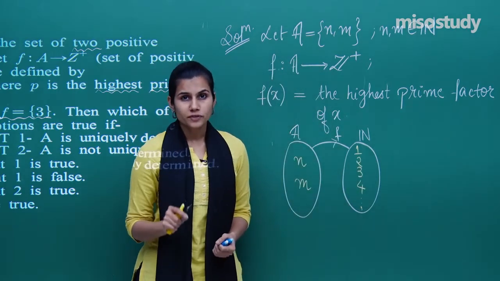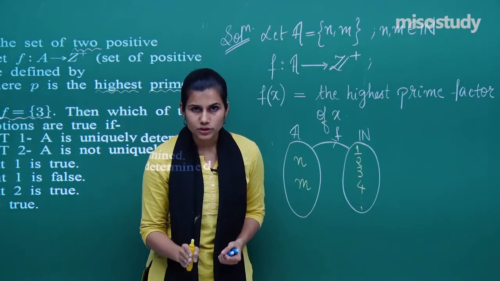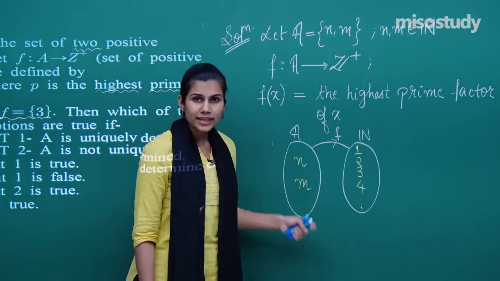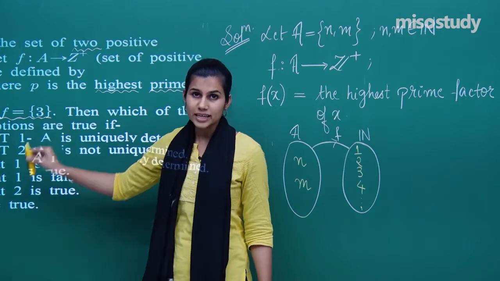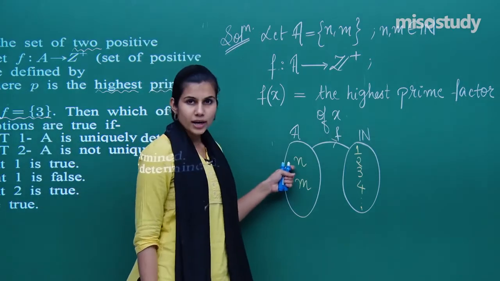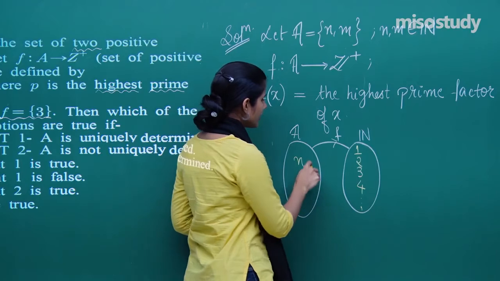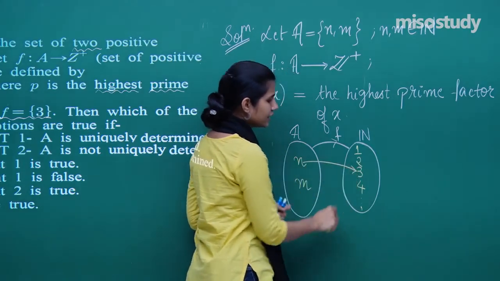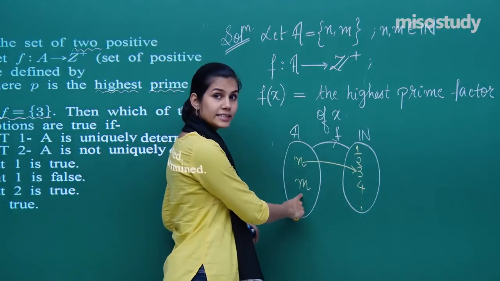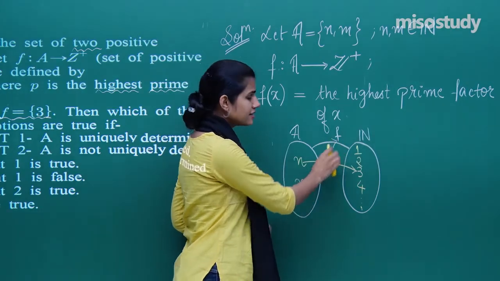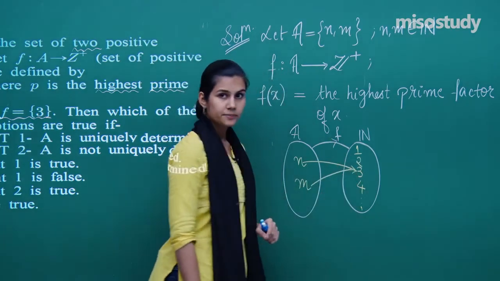But the range of the function, which is the set of obtained outputs corresponding to all the inputs, is given to be just singleton 3. That means when this small n enters as input inside f, the function f delivers the output as 3. And when the next positive integer m enters as input inside f, the output delivered is again 3.